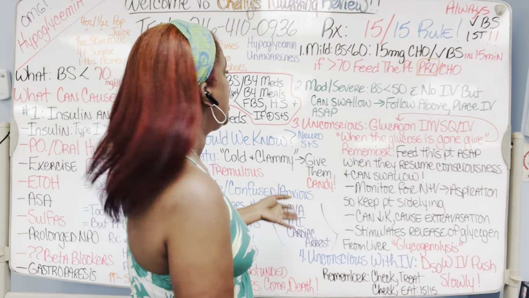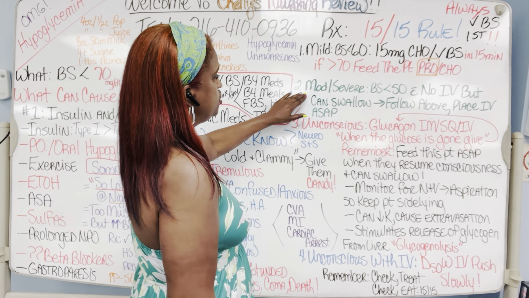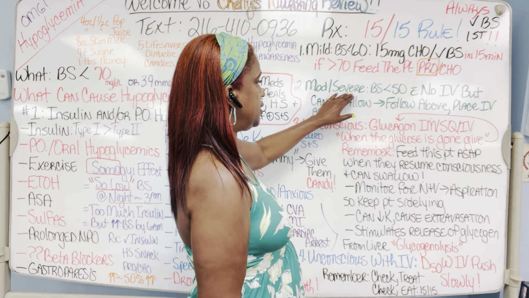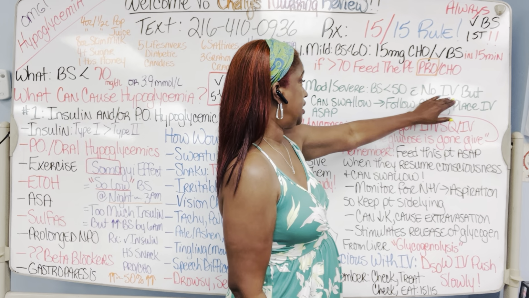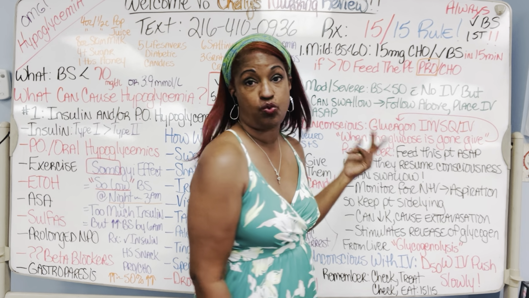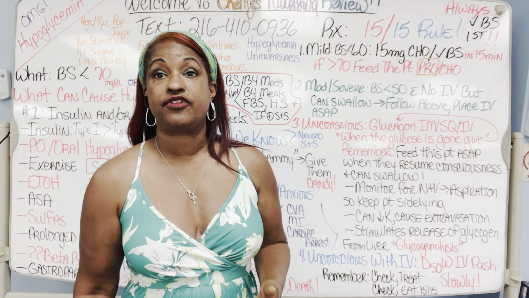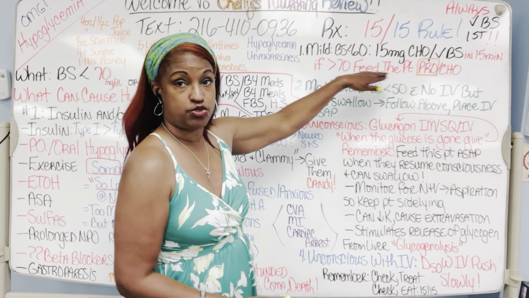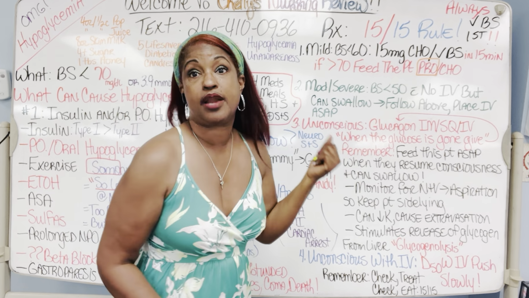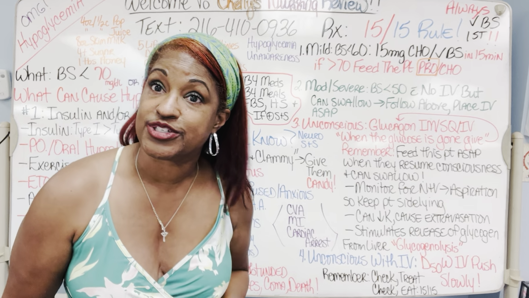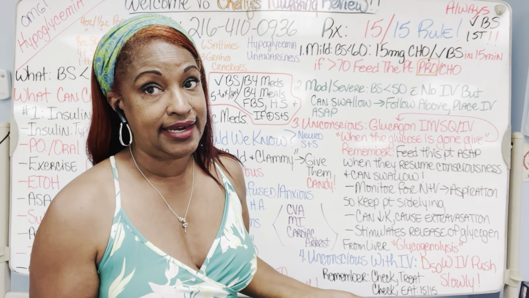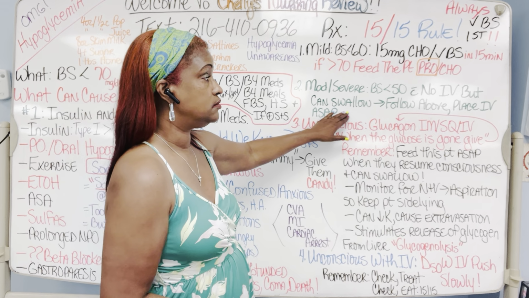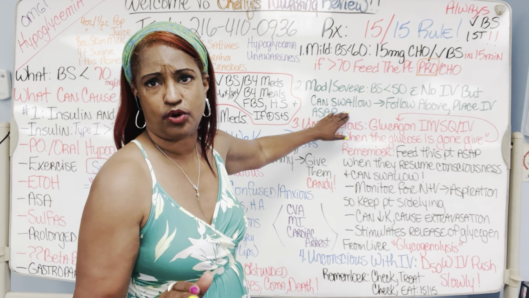We're almost done. Here we have number 2, moderate to severe blood sugar less than 50 with no IV, but the patient can swallow. Well, you're going to have to follow above just what you just did and then be trying to place an IV yesterday, nurses. Of course, this is in the hospital, right?